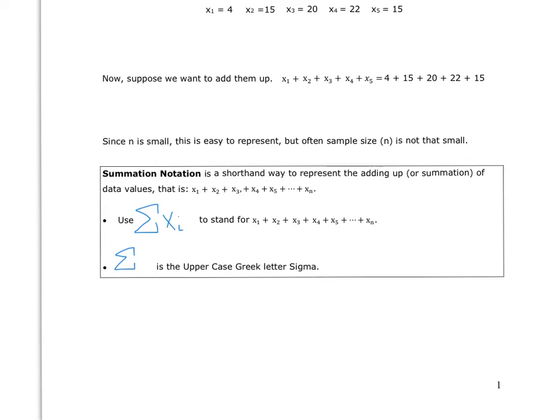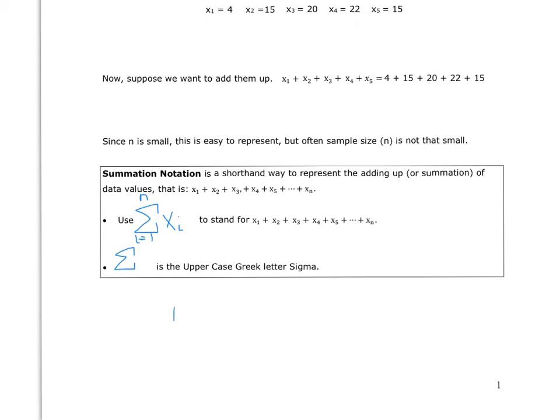There's a subscript of i on that x. Now we want to tell it what values of i. At the bottom of the sigma, we say we want i to start with the first one, so we want it to start with 1. And we want to go up to the last one, which is n. So that's the summation notation.